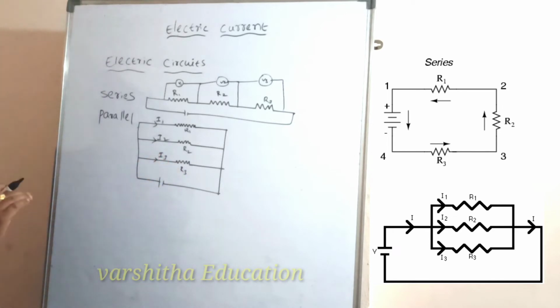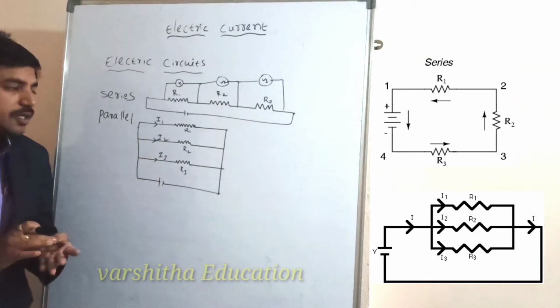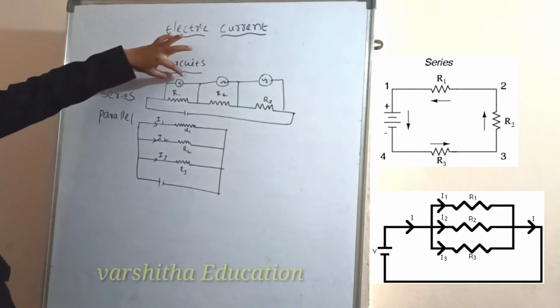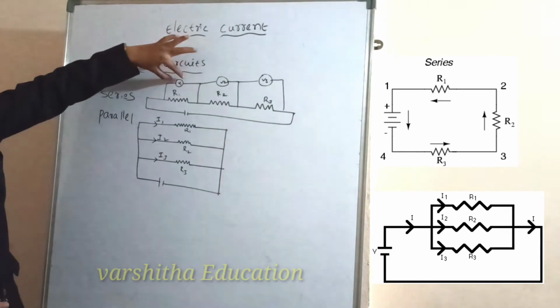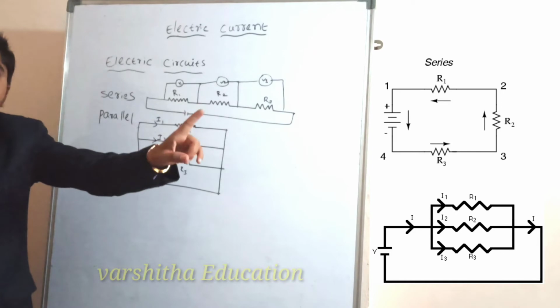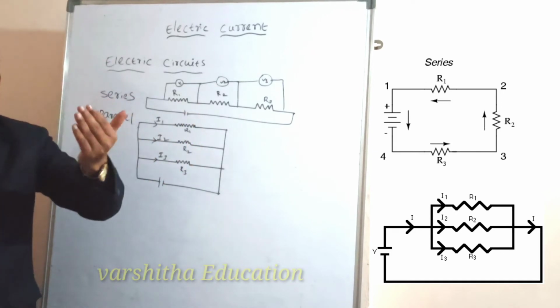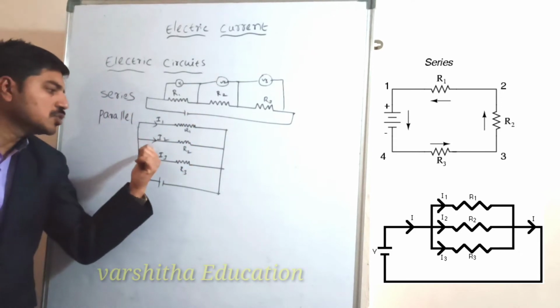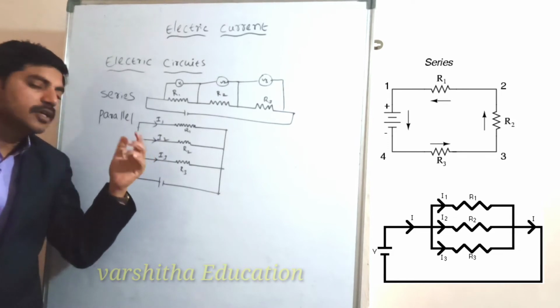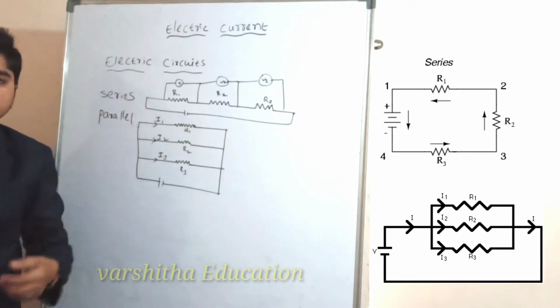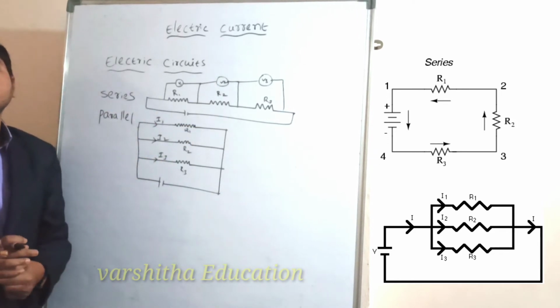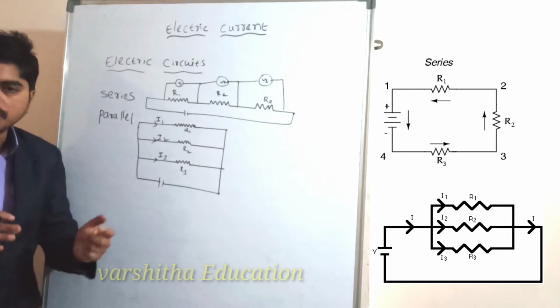So in the series connection, the potential values vary and the current is constant. In the parallel connection, the current varies from one resistor to another and the potential is constant for each resistor.